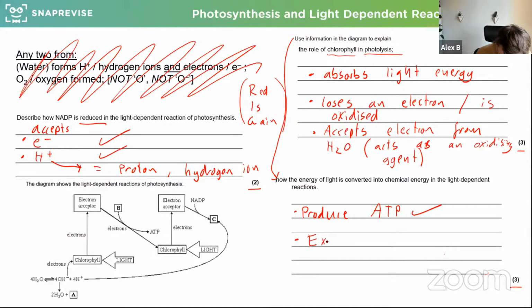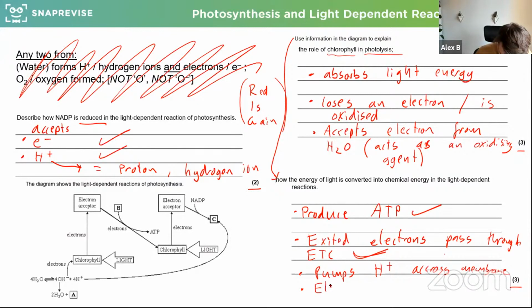So excited electrons pass through the electron transport chain. That's a tick. Pumps H plus across the membrane. That's also worth a mark.